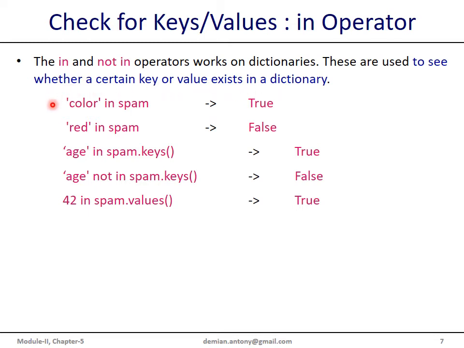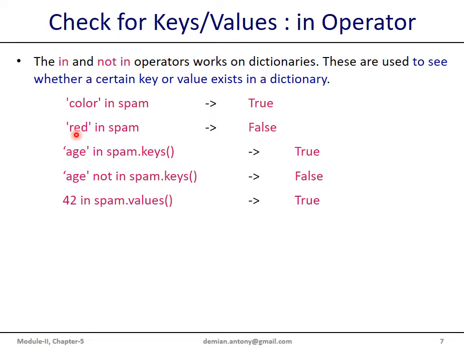We'll take up the previous example, having a dictionary with the name spam, and let's check whether the key color is present in spam with this statement, and it returns true as color is a key in the dictionary spam. And let's see whether red is a key present in spam.